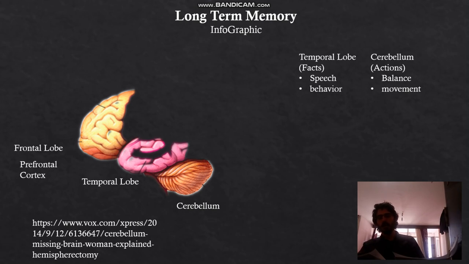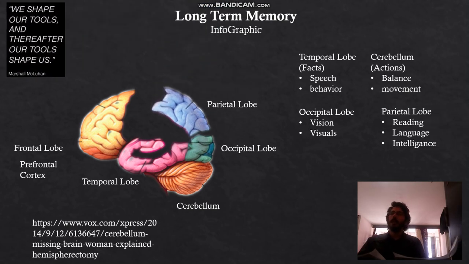Our visual records are stored in the occipital lobe. The parietal lobe has a different importance because it's the most effective part for IQ development. Like the words of Marshall McLuhan, we shaped our tools and thereafter our tools shape us.